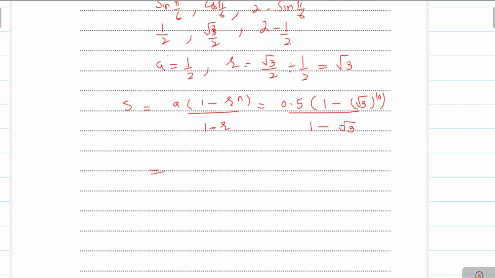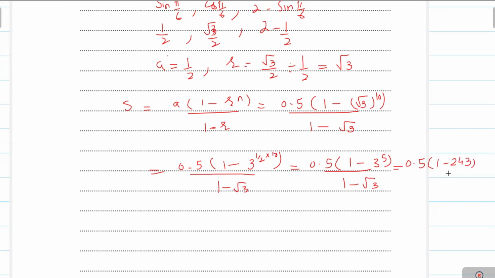Now we can write it as 0.5 into (1 minus 3 power 5) over (1 minus square root 3), since square root 3 to the power 10 is 3 to the power 5. 3 power 5 is 243, so this is 1 minus 243 over 1 minus square root 3.